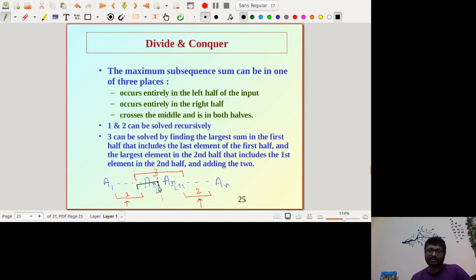The largest subarray sum of this form, and you also find the largest subarray sum of this form, and put these two together. This is what 3 will necessarily look like. So this is going to be the conquer step that you do. So let's put these ideas together and write a C program.